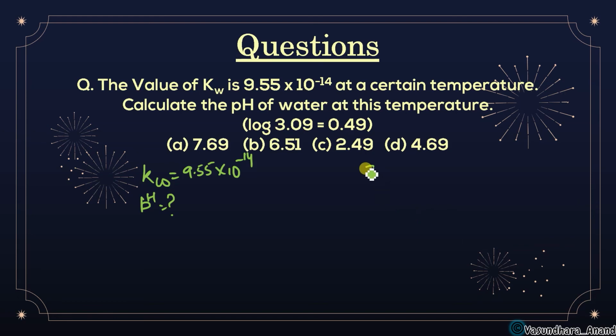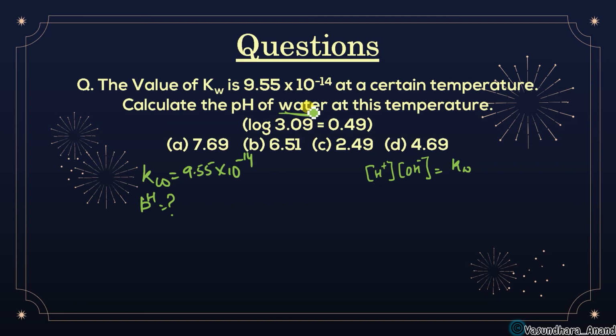We know that H plus concentration times OH minus concentration is equal to Kw, isn't it? So Kw is given. If you find the H plus concentration, then you can find pH.